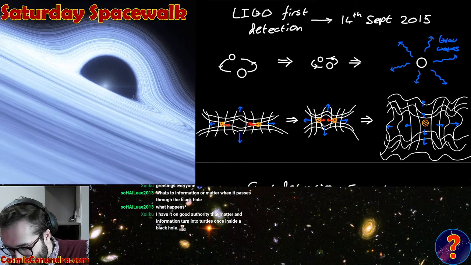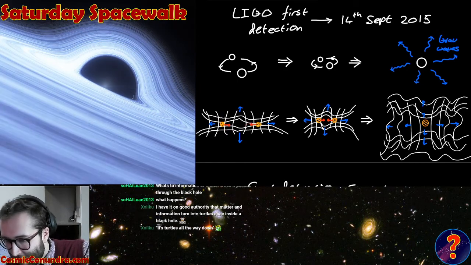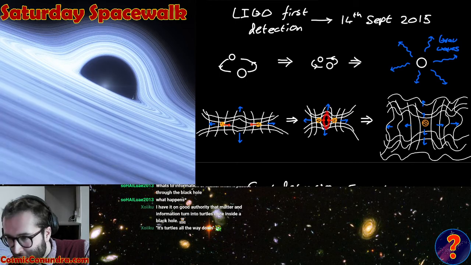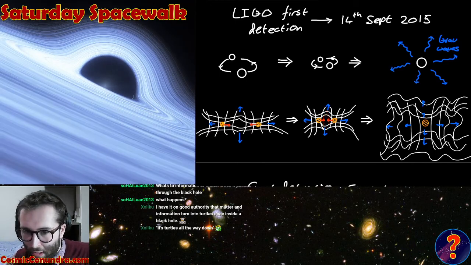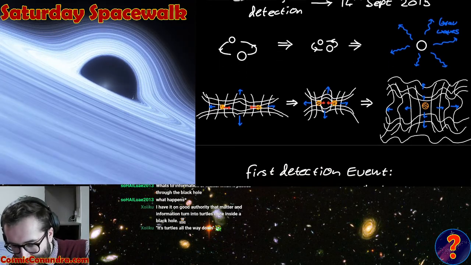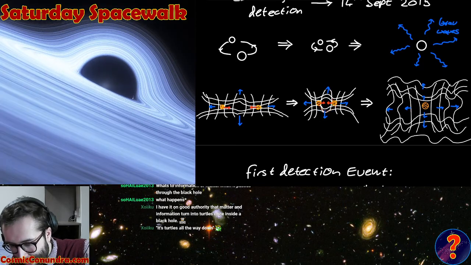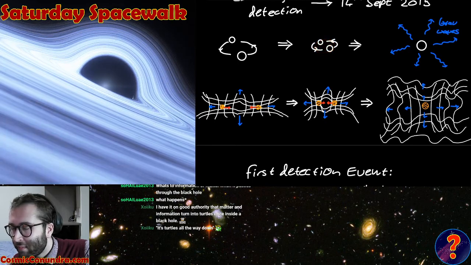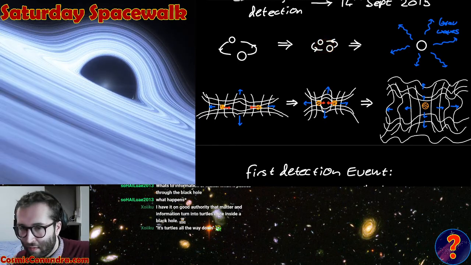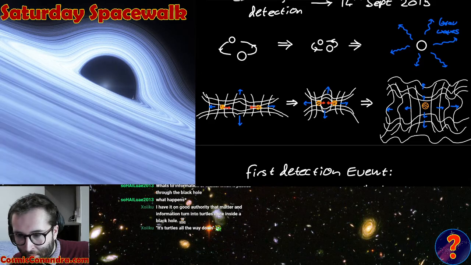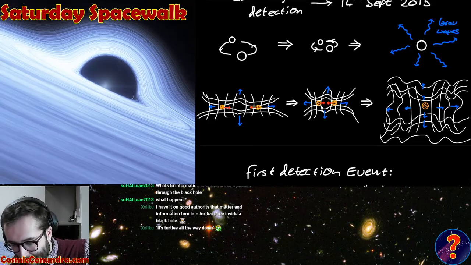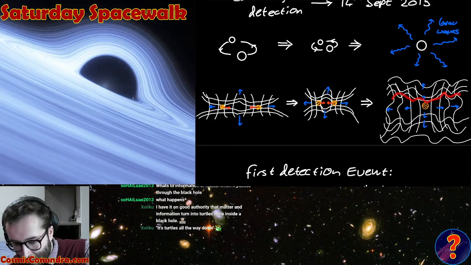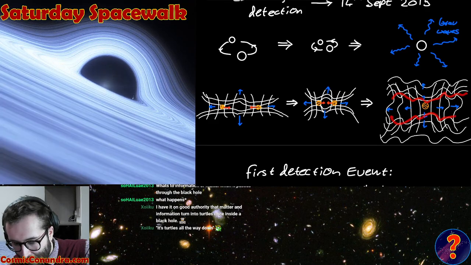And as they move in towards each other, they create regions of greater curvature between them, and they will warp all the space between them. And then as they merge, the closer they get together, the faster and faster they are spinning around, spiraling into each other. And this creates an enormous amount of warping of space-time. And this warping is all dissipated as ripples in the space-time as they are merging and after they've merged.